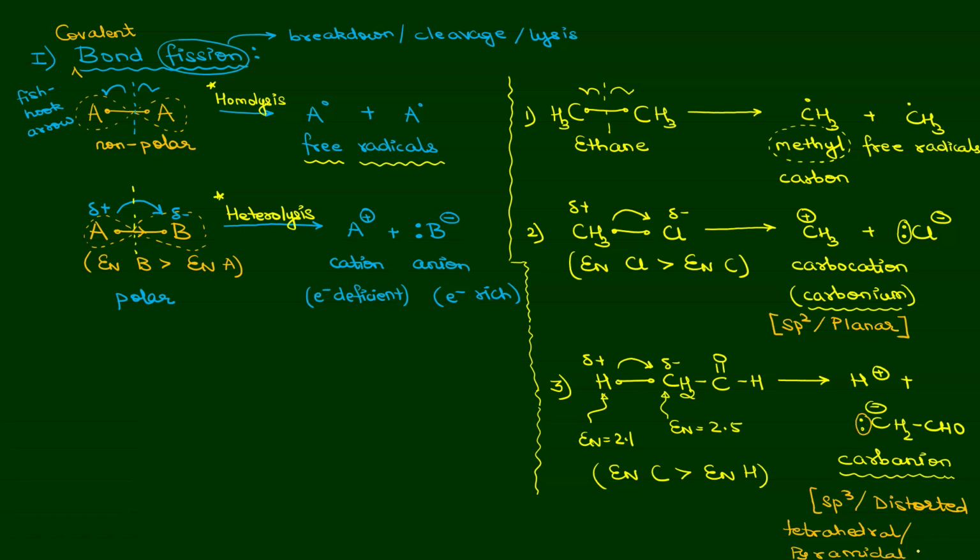Hence, it is referred to as pyramidal. sp3, distorted tetrahedral or pyramidal. The information about the hybridization and the shape needs to be remembered. So that is the introduction to covalent bond fission, with the conclusion that the fission could take place in two ways, homolysis and heterolysis, resulting in radicals, the carbocation or the carbanion, which are the intermediates.